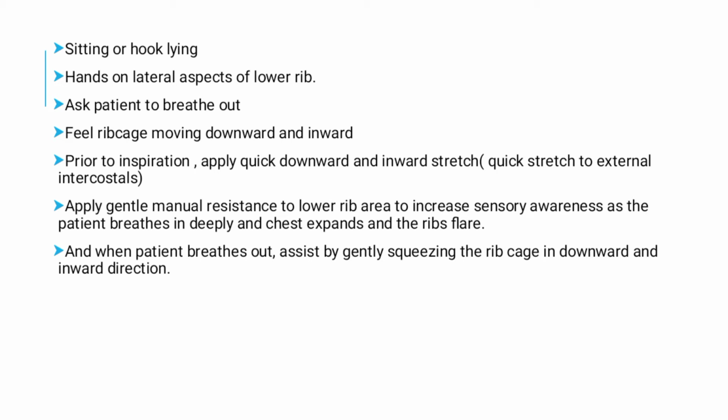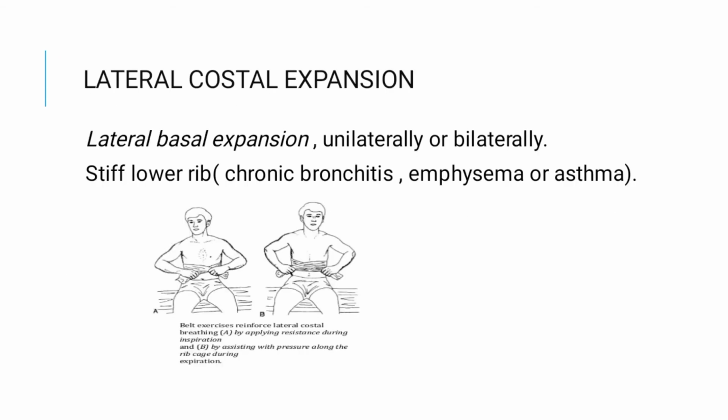And you can apply a manual resistance to lower rib area to increase sensory awareness as the patient breathes in deeply and chest expands and the ribs flare. And when the patient breathes out, assist by gently squeezing the rib cage in downward and inward direction. So this is your lateral costal expansion.